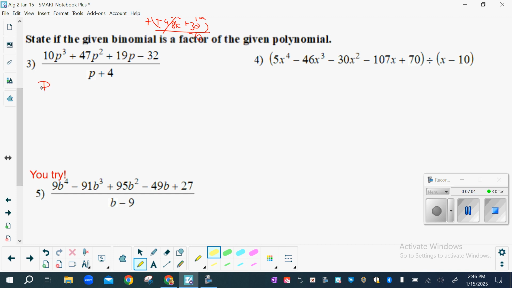So we take p plus 4, set it equal to 0. We get p equals -4. Then we do our sideways L, and our coefficients: 10, 47, 19, and -32.